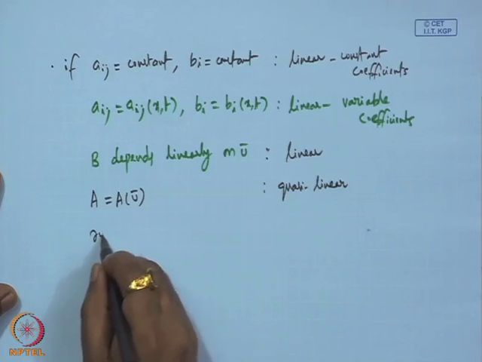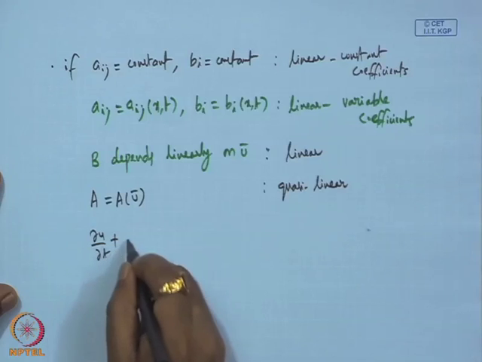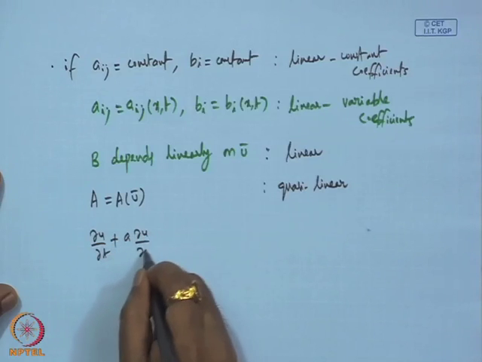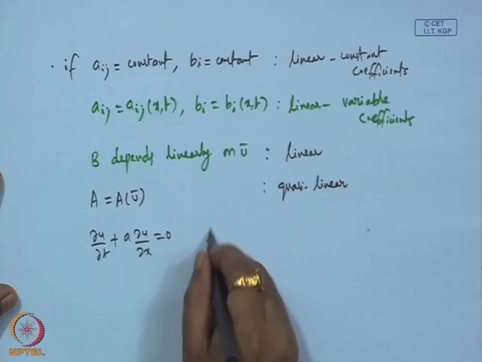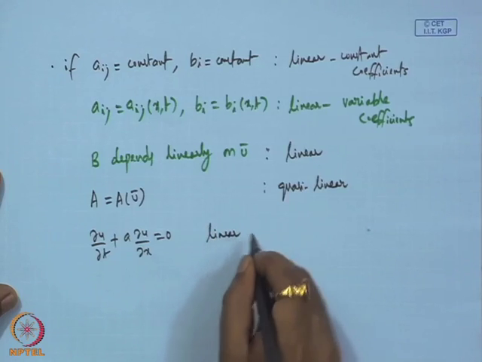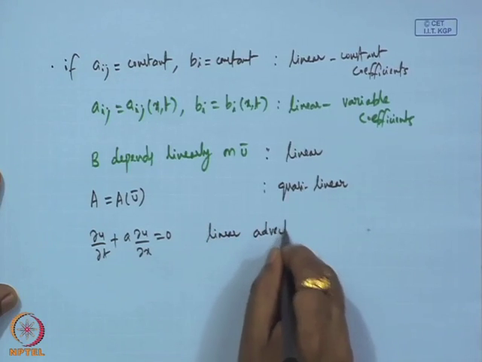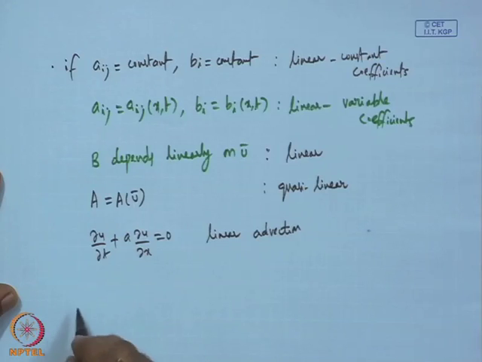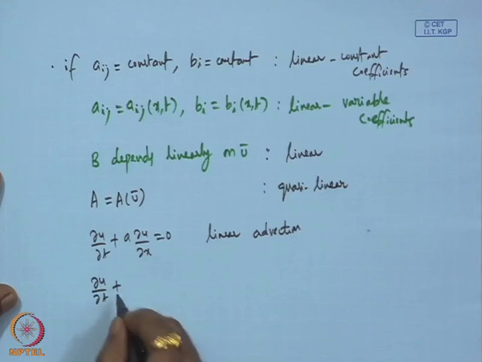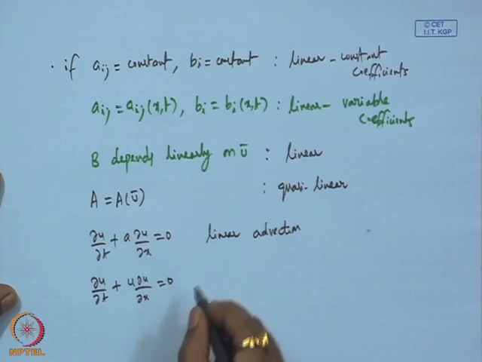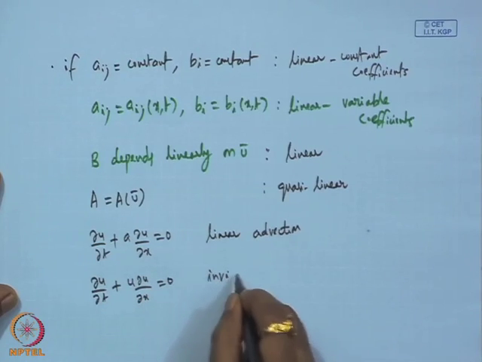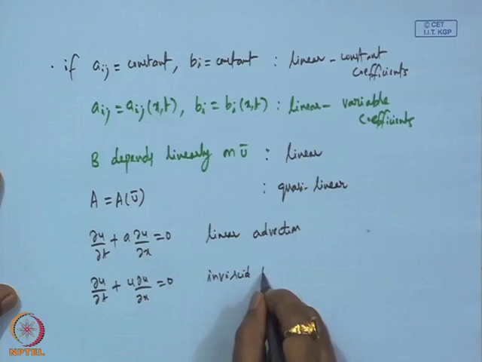So, examples. We discuss numerical solution of this a little later. So, this is a linear advection. Okay. Then this is inviscid Burger's equation.